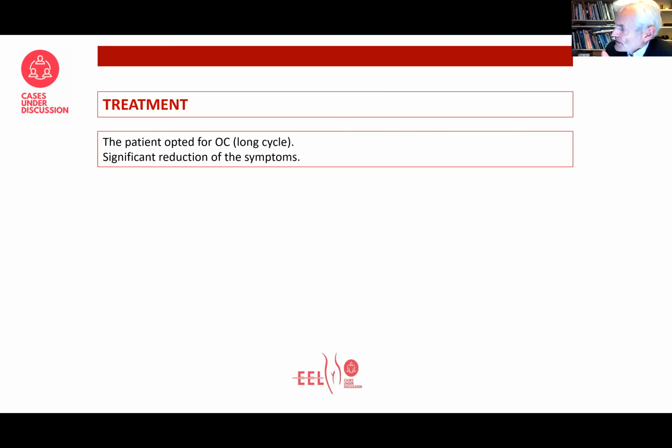So this approach is mainly for those who can be kept without bleeding for 3 or 4 months, isn't it? If you cannot keep them there, what do you use then? We often use the combination of the estrogen IUD and the pill, and that often works in our hands. The combination of what? Of the Kyleena, as it's called, the small estrogen IUD and the pill, and that works very often, especially in the young ones. Okay. That's a good approach if you don't want to make a laparoscopy.